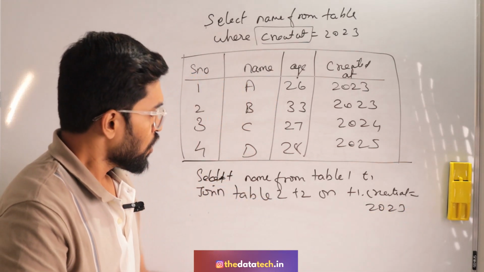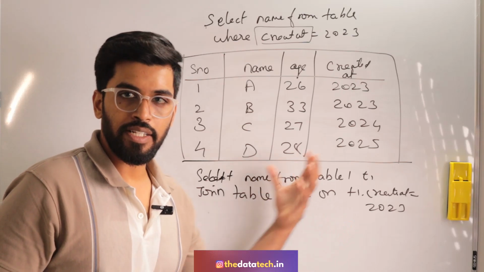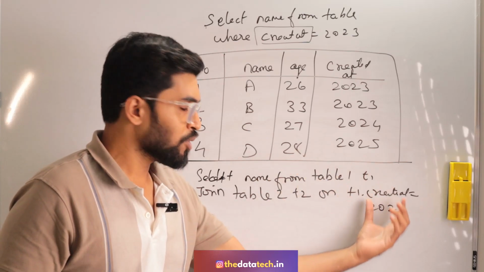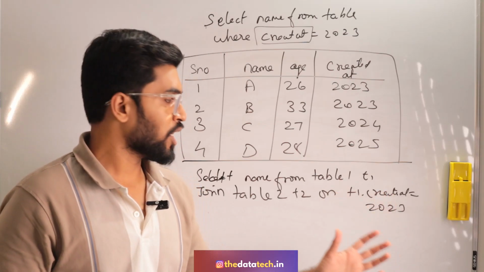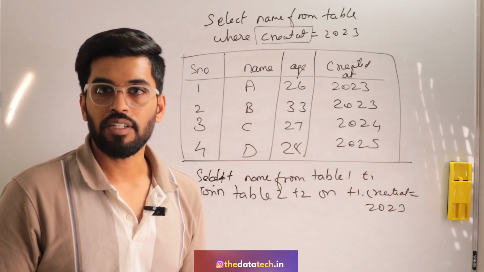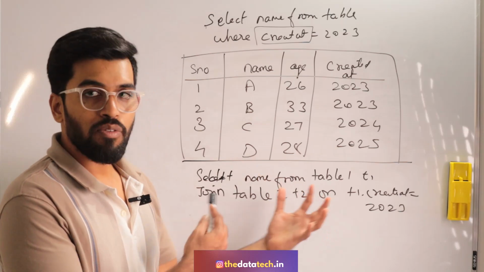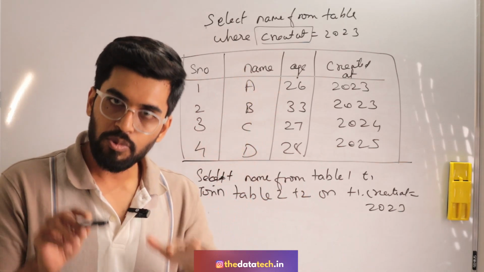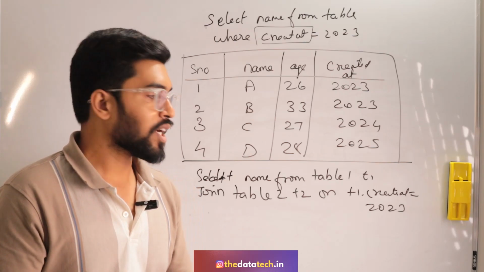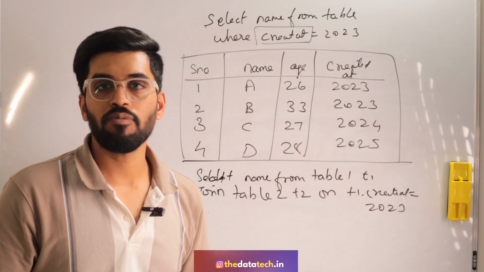Even in the join, the ETL, the transformation you are doing, you are using this created at column. On top of created at, you are doing this entire join, right? There may be a lot of other conditions on non-partition columns also, but primarily the condition should have a partition column for sure.